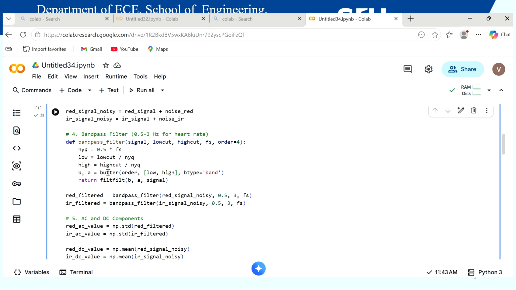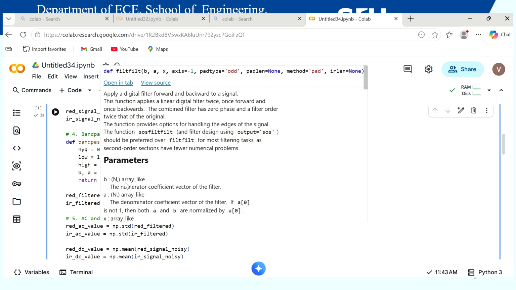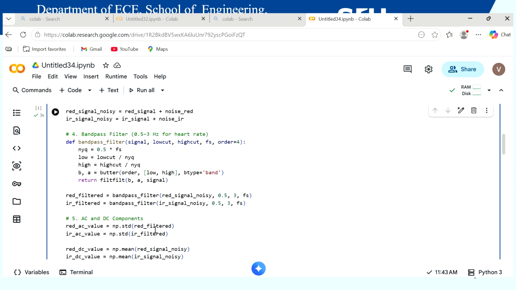It is equal to butter(order, ...). Normally we choose order 4, because with a lower order there is a sudden transition between the pass band and the stop band, the distance between the two being very short, that means an immediate transition.